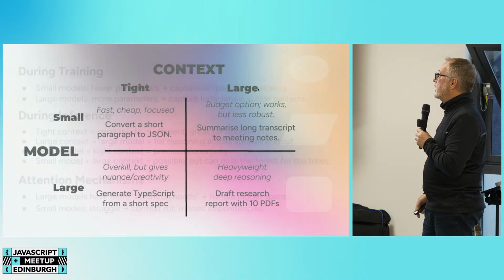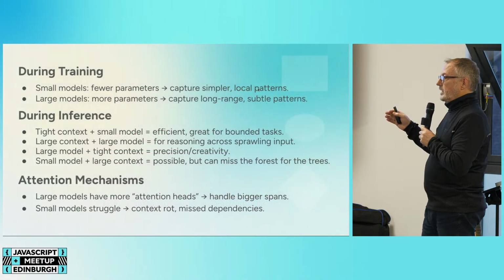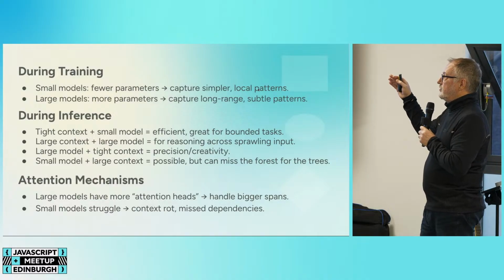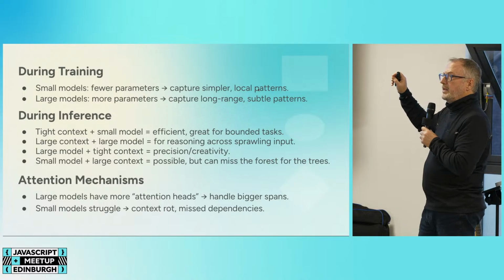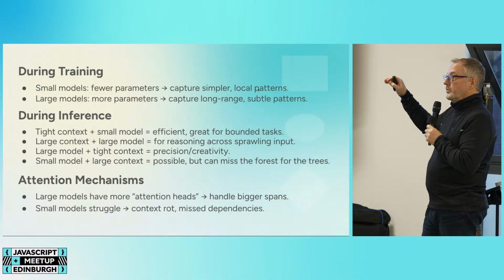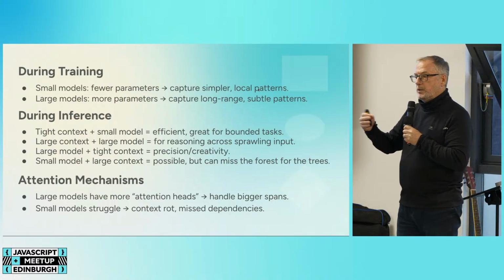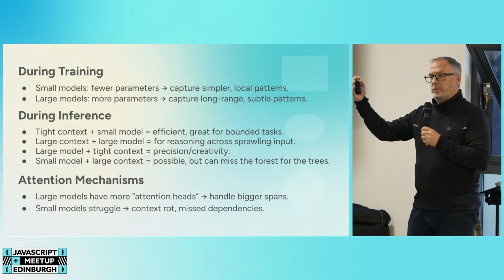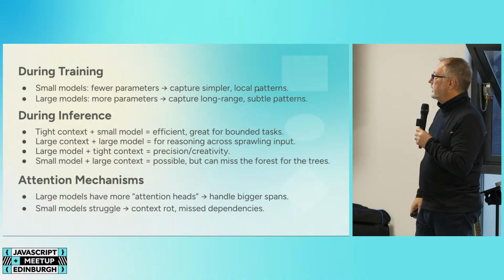So moving forward, just a little bit of theory before we carry on. During training, if you think about it like an artist, the small model's doing your sketch, while your large model is your masterpiece, your oil, your big bit of art.